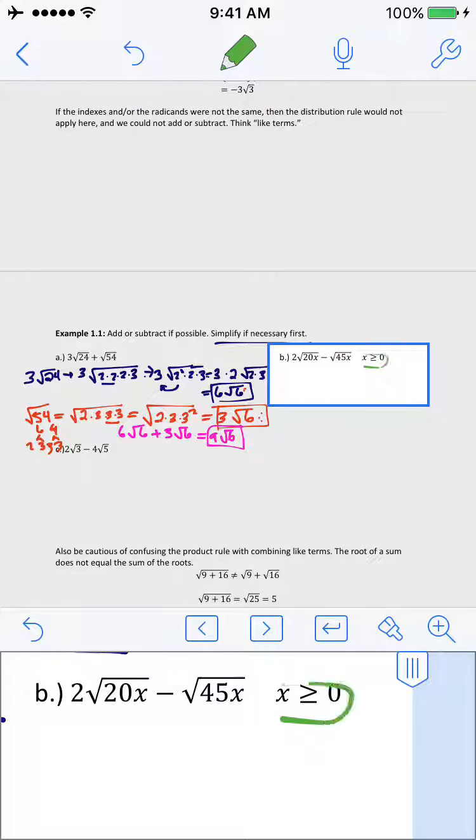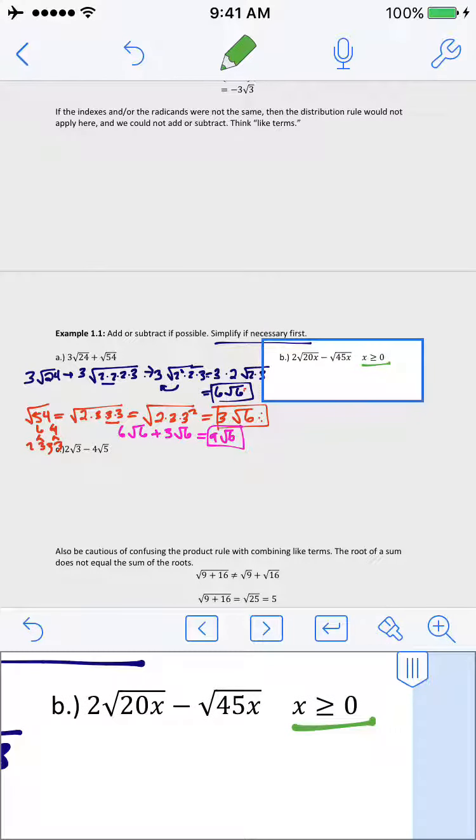Now in this case I've specified that x is greater than 0, so that way we don't have any negatives under the radical, right? If that's not there, just make sure you make that comment. So x must be greater than 0. But let's try reducing these two.